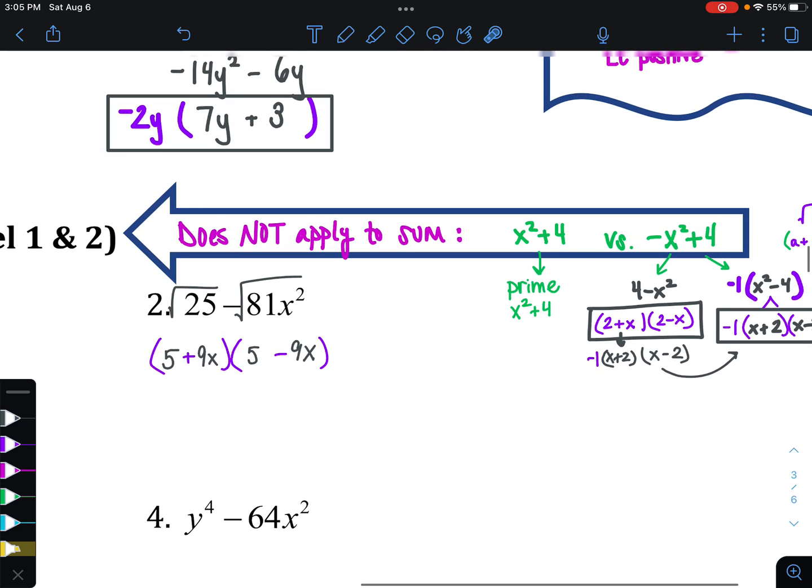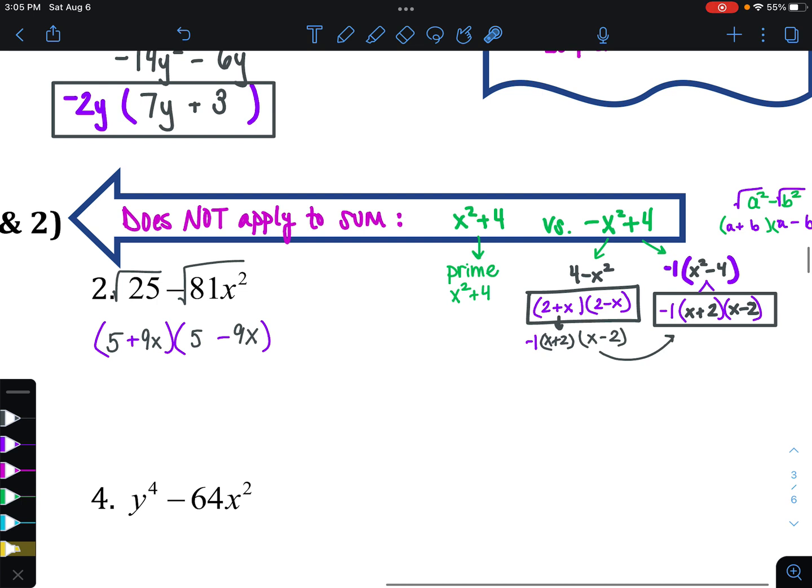You may see on an answer key, or maybe if you're working through it with a friend, that somebody else approached this by factoring out a negative 1 first. Even though your answer may look slightly different, remember there may be an equivalent expression where both of you are correct.